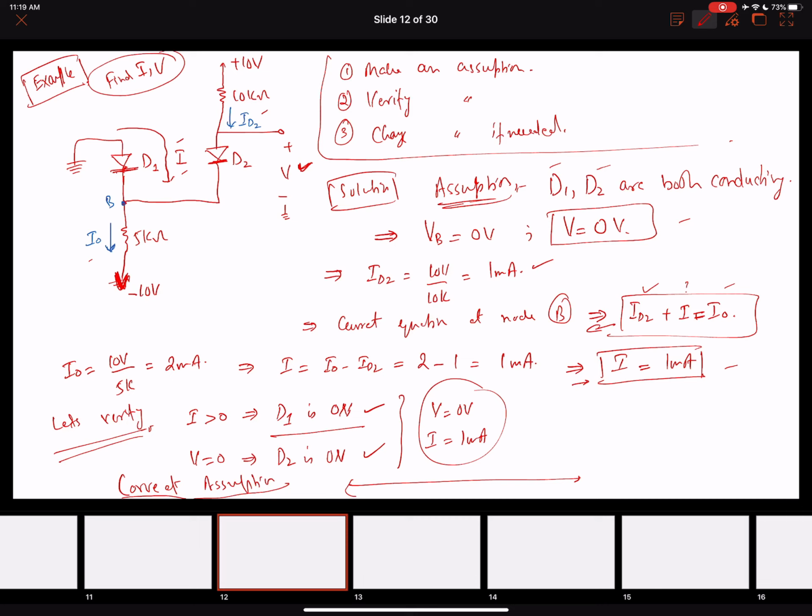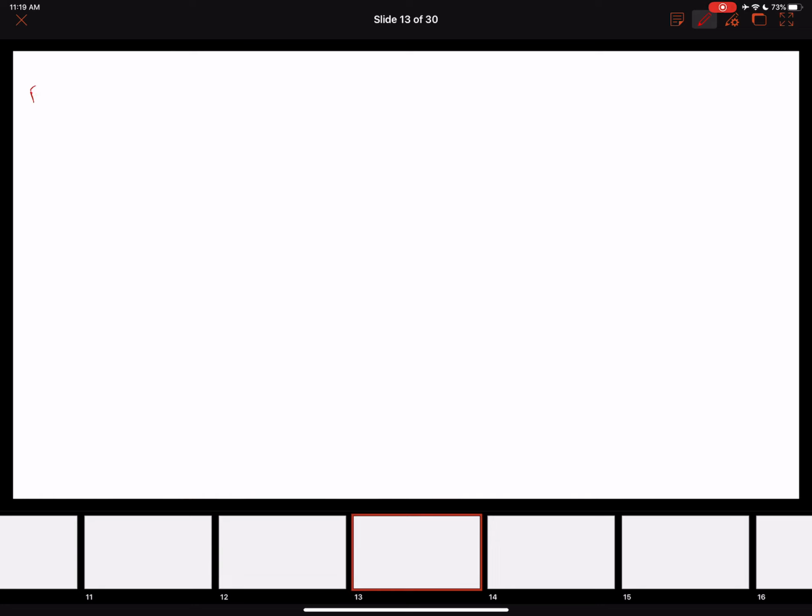The circuit is pretty similar, with slightly different values of the resistors.